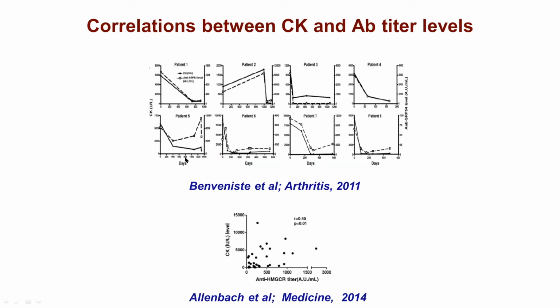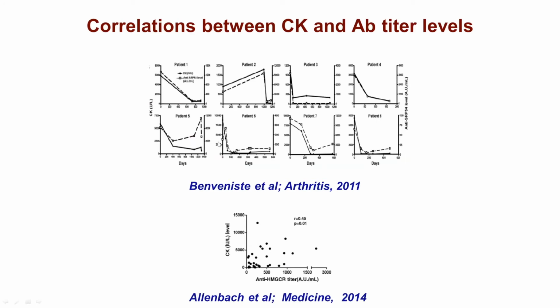You can see here eight patients over time, where at day 0, before any treatment, you have the level of titers of your anti-SRP and your CK levels. And after treatment, you can see the decrease of the CK levels, but also of the anti-SRP levels. And it's not a very frequent situation.